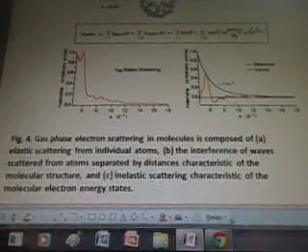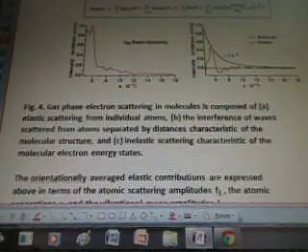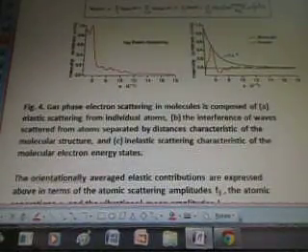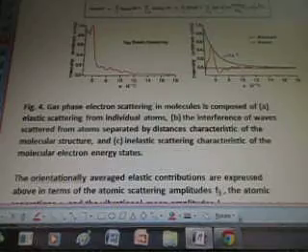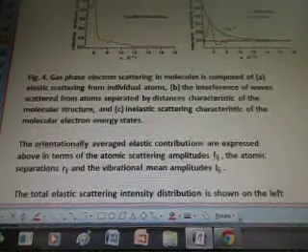Figure 4. Gas phase electron scattering in molecules is composed of A, elastic scattering from individual atoms, B, the interference of waves scattered from atoms separated by distances characteristic of the molecular structure, and C, inelastic scattering characteristics of the molecular electron energy states.